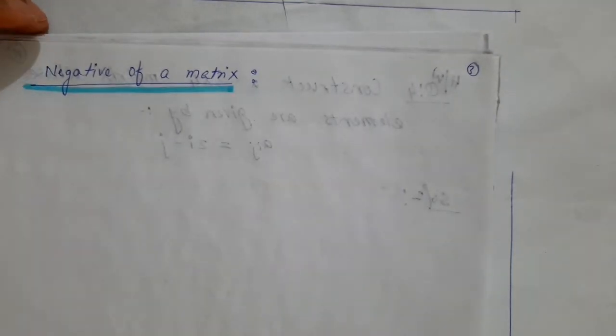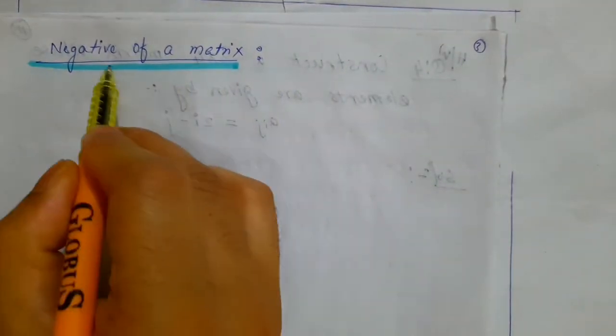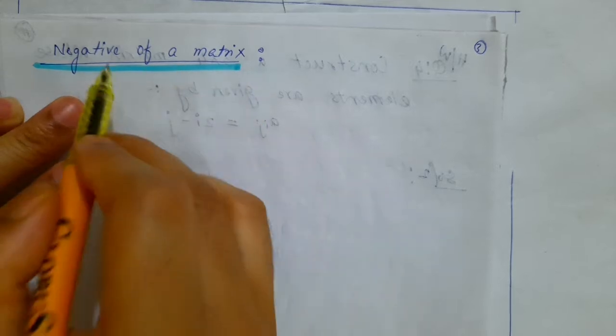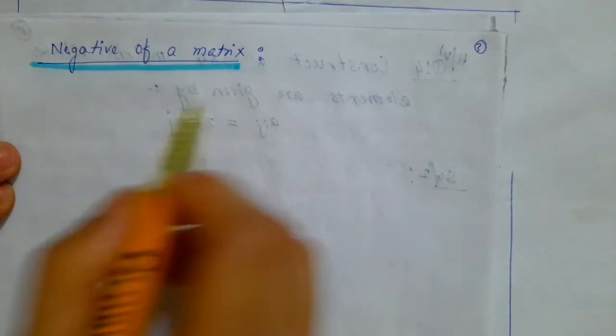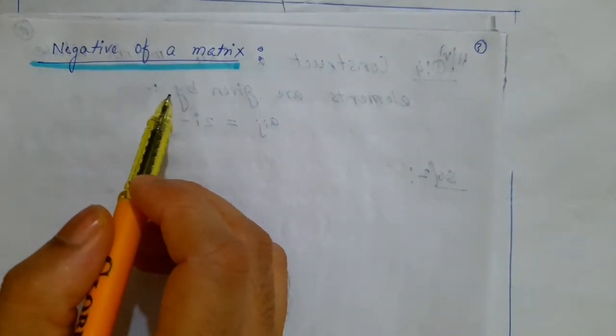Now here is another operation of matrices, the negative of a matrix. A matrix can be written in terms of negative 1.